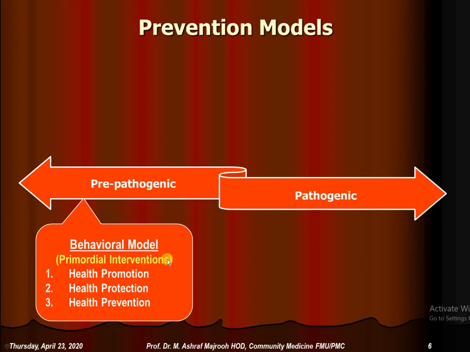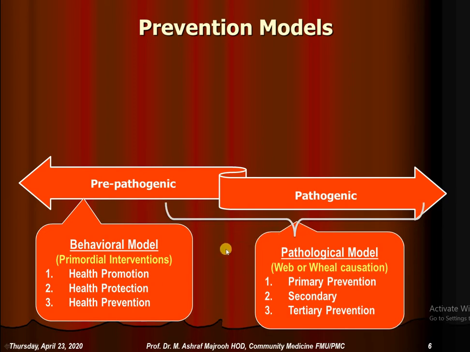The primordial interventions start from very early life, and they include health promotion, health protection, and health prevention interventions. And then this will continue to the primordial prevention in the pathological model, where the wheel or web causation models are fitting, and they include primary prevention, secondary and tertiary prevention.